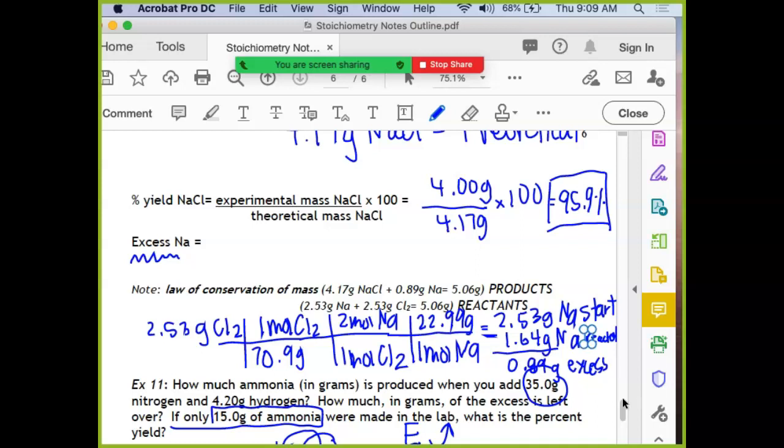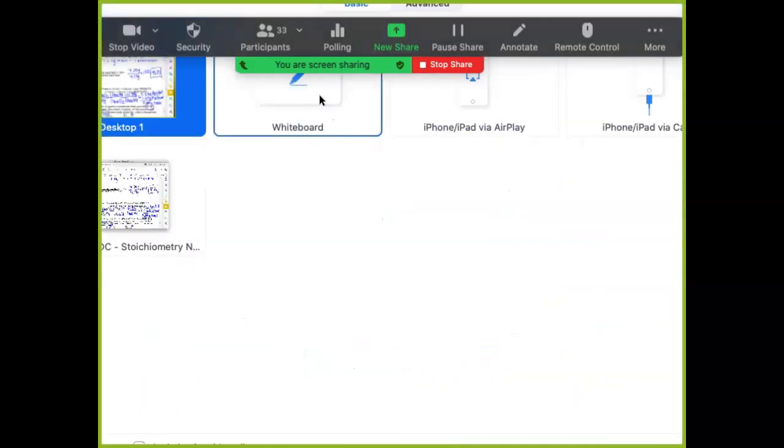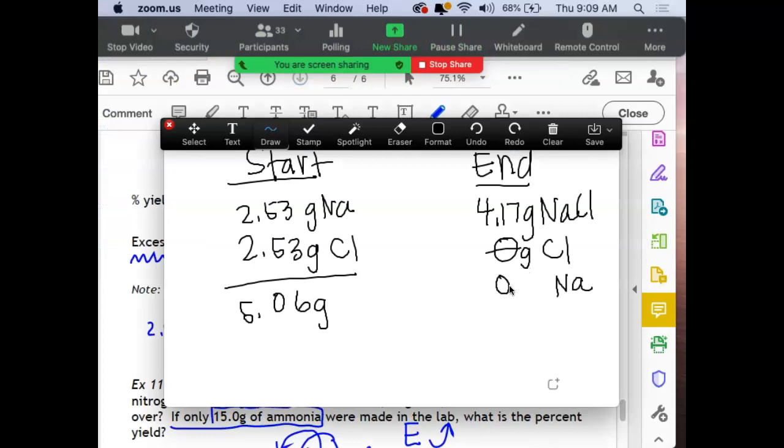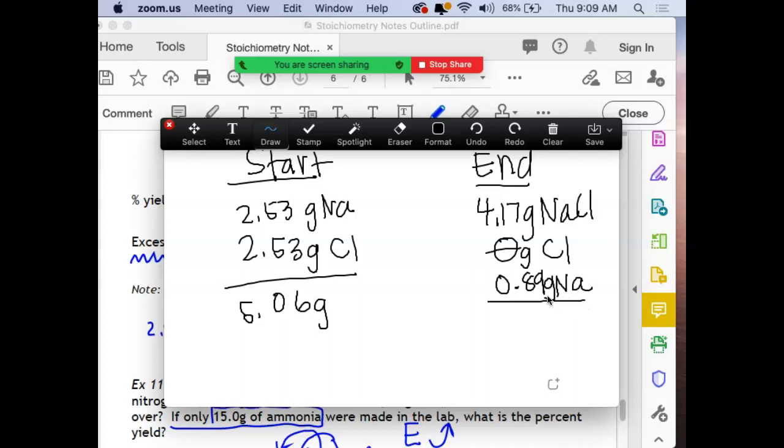So if we go back to this, this is how many grams are left over, and we add these two numbers together. 4.17 of sodium chloride was produced once the reaction stopped. No more, oops, I'm sorry, this is Cl2. No more chlorine was left because it was the limiting reactant and it ran out. And we have some leftover sodium sitting in there unreacted.